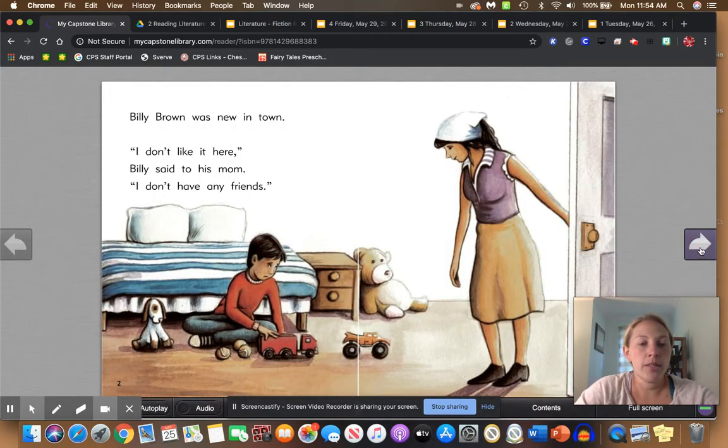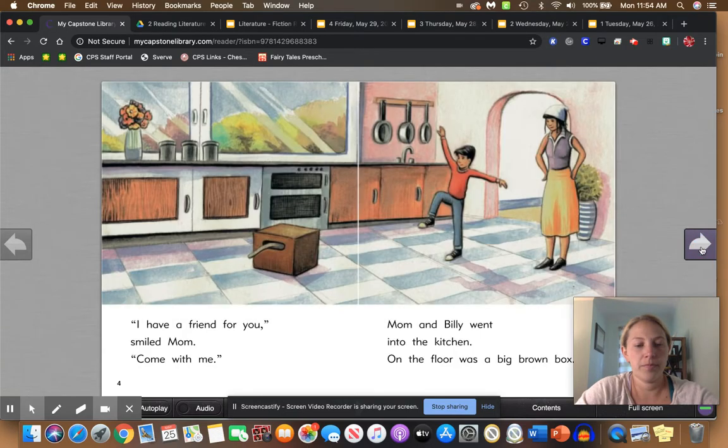Billy Brown was new in town. "I don't like it here," Billy said to his mom. "I don't have any friends." "I have a friend for you," smiled Mom. "Come with me." Mom and Billy went into the kitchen. On the floor was a big brown box.